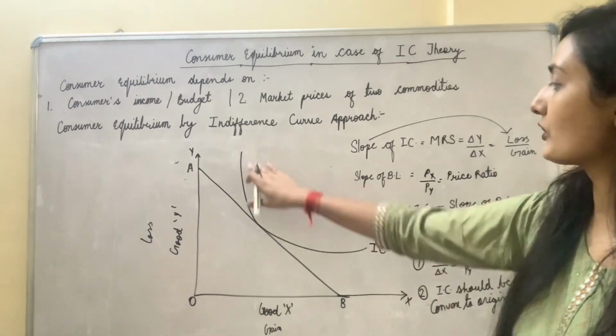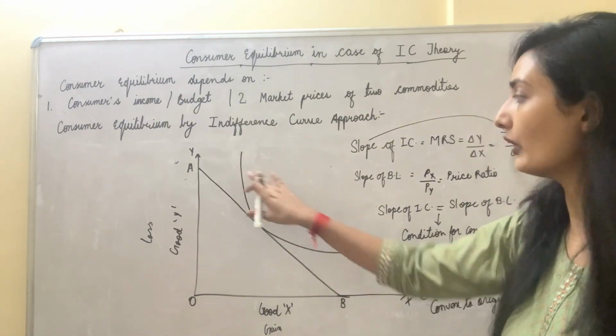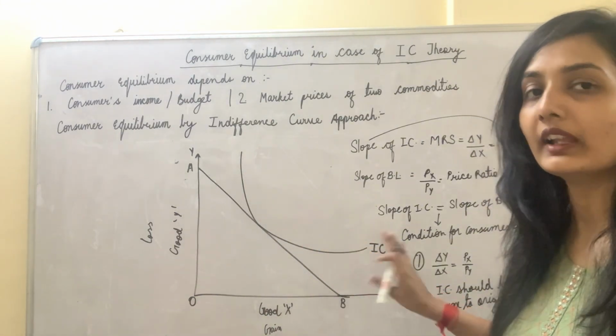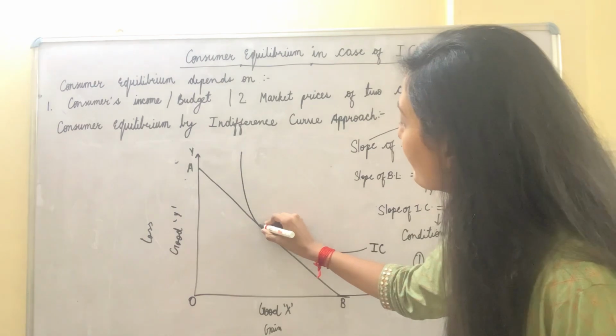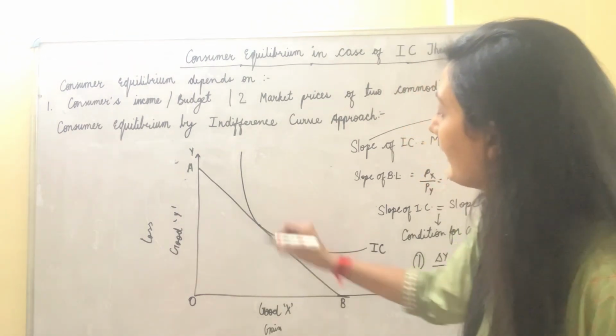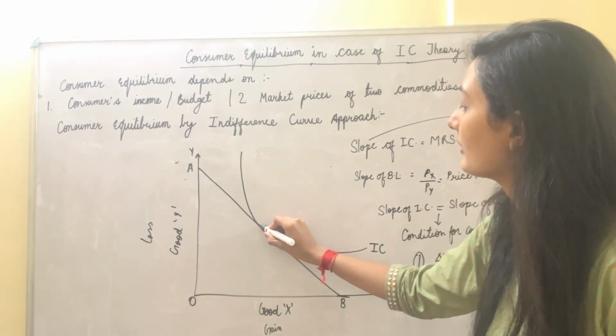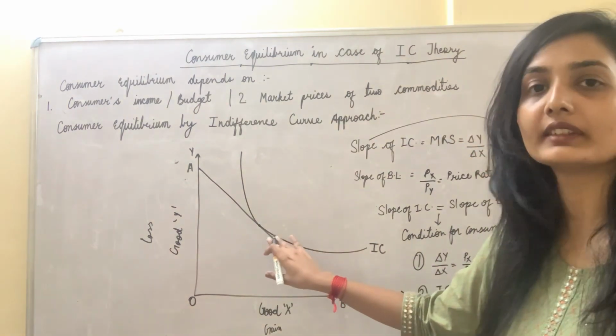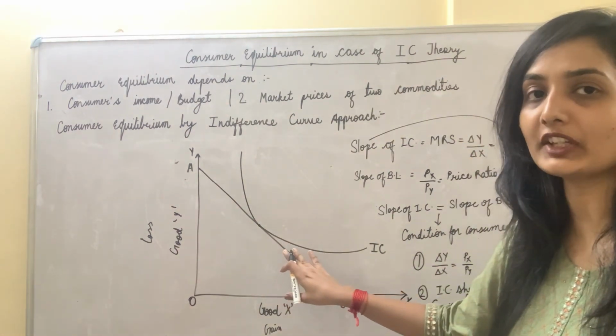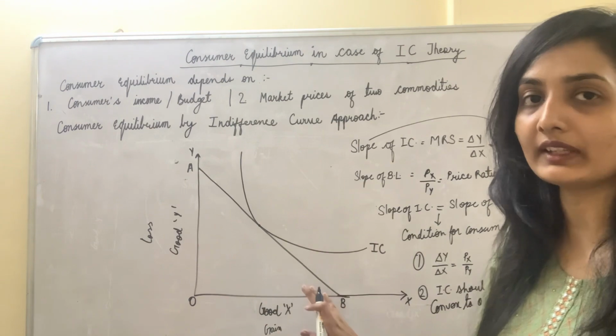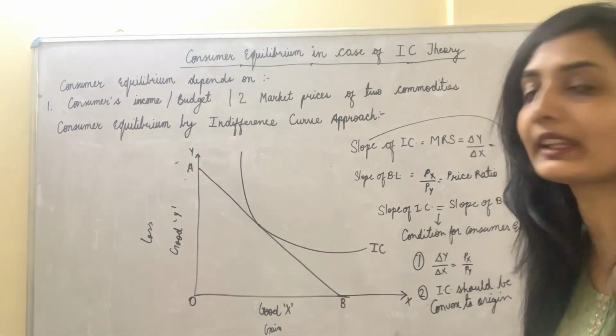Indifference curve should be like this. This is the convex shape of the indifference curve, and the point where they are intersecting is the equilibrium condition for indifference curve and budget line for the consumer equilibrium.